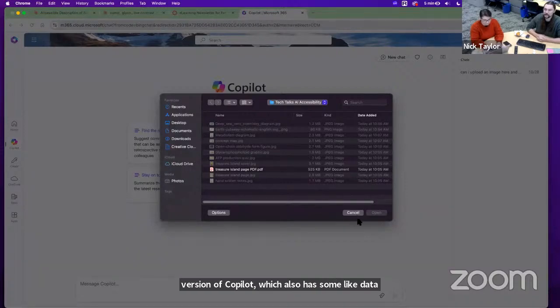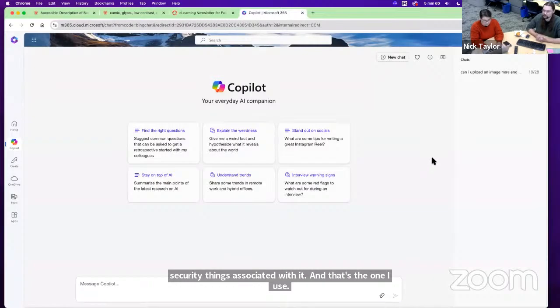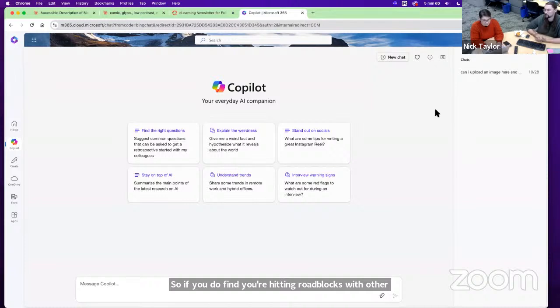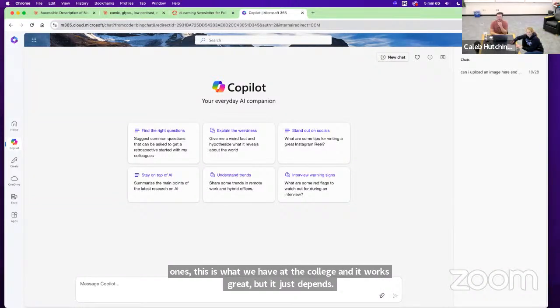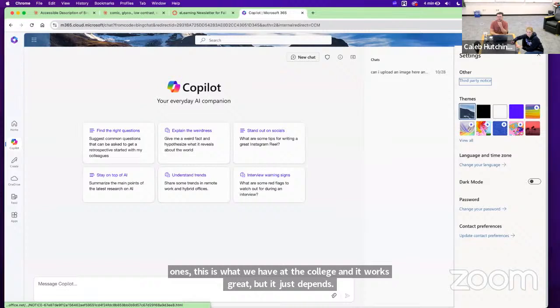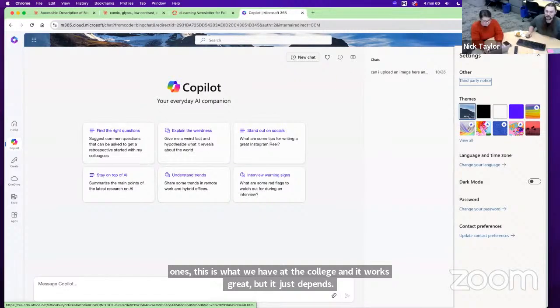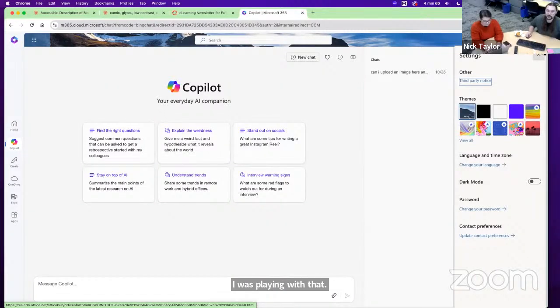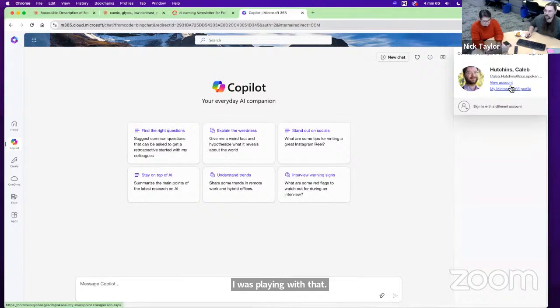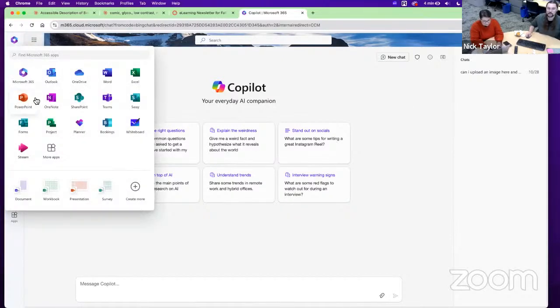So if you do find you're hitting roadblocks with other ones, this is what we have at the college and it works great. Nick, I couldn't figure out how to get into my pro version from here. If you're already signed in to Microsoft 365 in the browser somewhere, like OneDrive or something, you can also access it using the 3x3 grid in the top left, where you've got OneDrive and Outlook in your Microsoft 365.